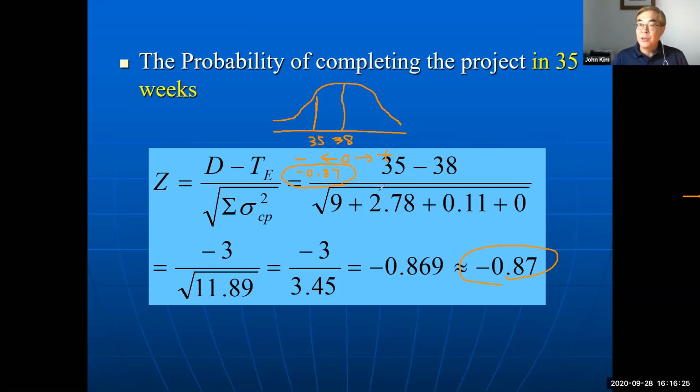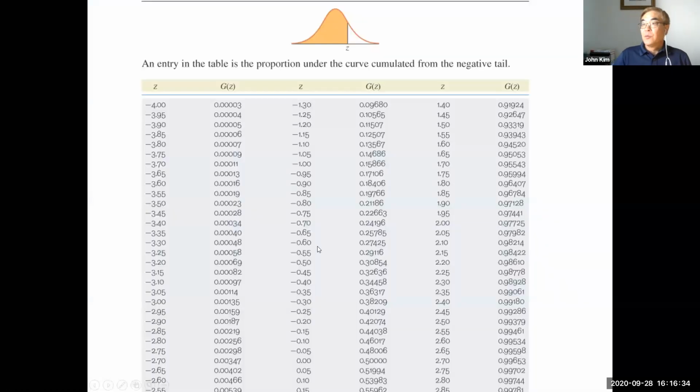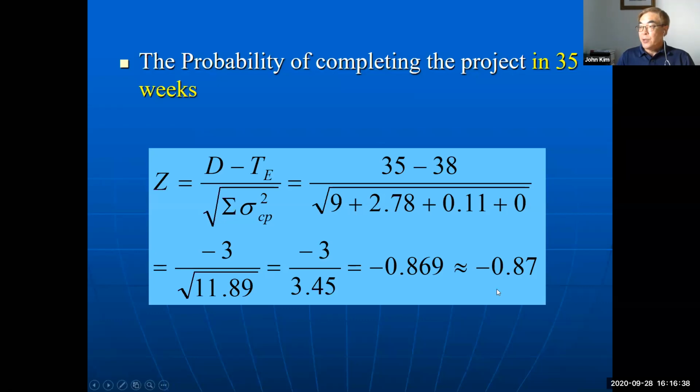So using this z-score, we can find the area from the normal distribution chart. So try to find negative 0.87.